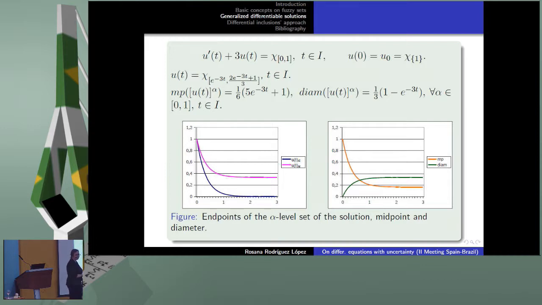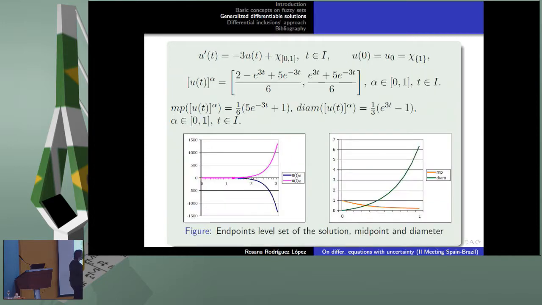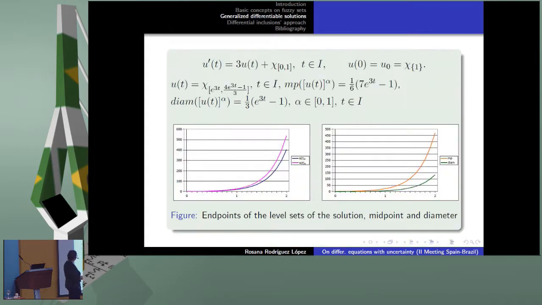It is not possible to do it in this case. But if we do that, the midpoint of the solution is going to be preserved, but the diameter not. And doing that, you see that in this case the diameter is not going to be bounded. So H differentiability is not a good definition.